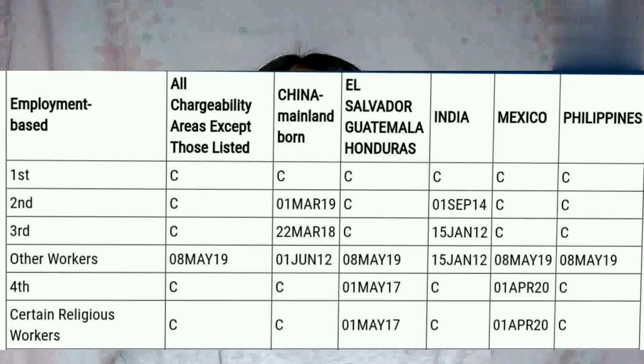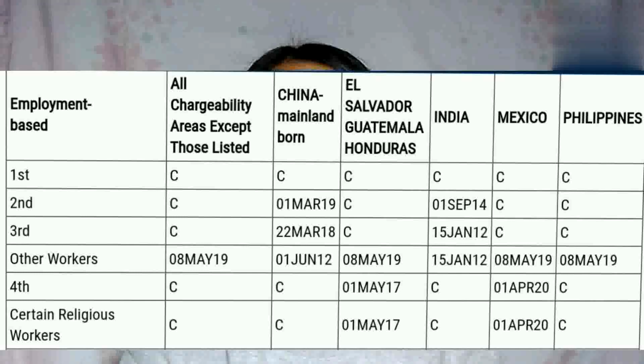All chargeability areas except those listed, May 8, 2019. China mainland-born is June 1, 2012. El Salvador, Guatemala, and Honduras, May 8, 2019. And India, January 15, 2012. Mexico, May 8, 2019, and Philippines is May 8, 2019.